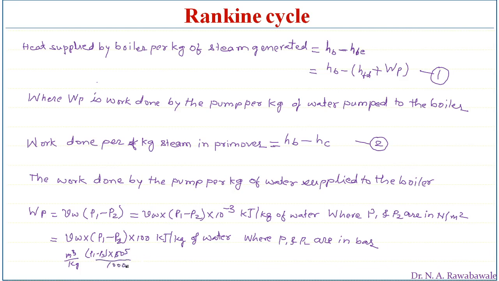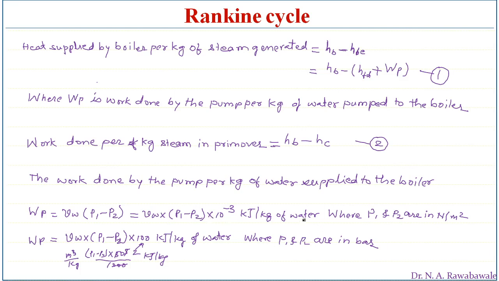So the 1000 and this 5 get cancelled, only 2 remains. Kilojoules per kg. So here 10 to the power of 2 means 100. If we want to substitute pressure in bar, then we have to use this equation. And if we want to use pressure in Newton per meter square, then we use VW into P1 minus P2 into 10 to the power of minus 3 kilojoules per kg of water. So this is the amount of work done by the pump.